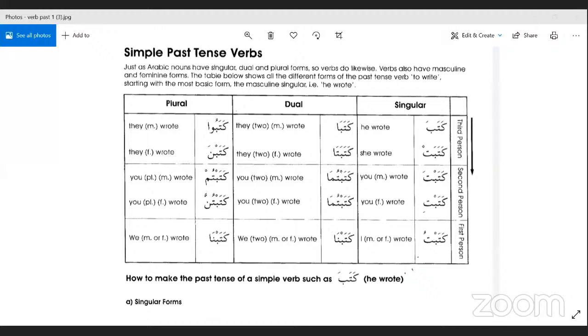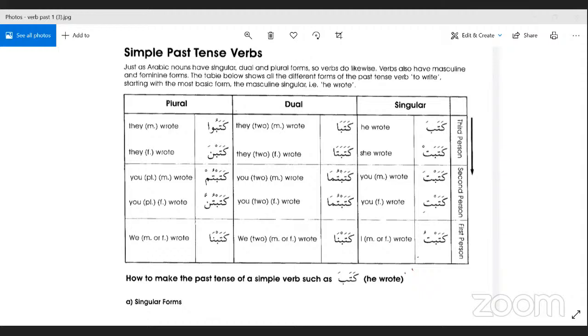I'll do Nasara. Nasara, he helped. Nasara, they two helped, male. Nasaru, they all helped, male. Nasarat, she helped. Nasarata, they two helped, female. Nasarna, they all helped, feminine. Nasarta, you helped.